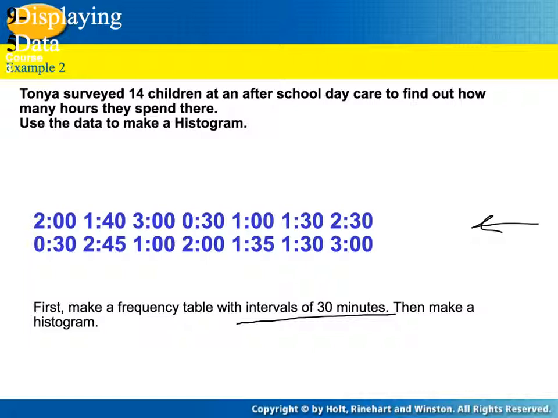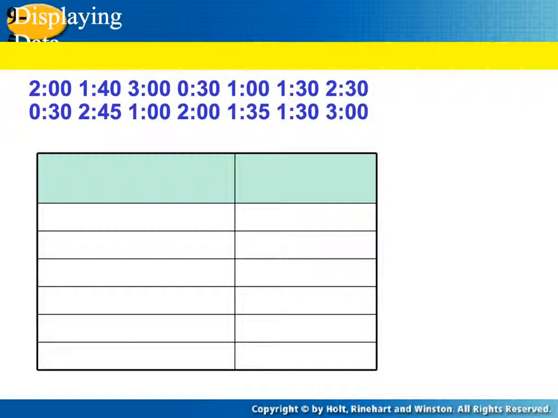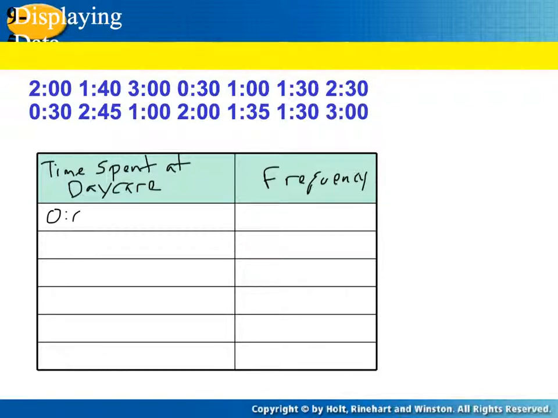Okay, so when I do that, what number should I start with? Here's my frequency table. Again, this is time spent at daycare, and my frequency. I am going to start at 1 minute to 0:30.